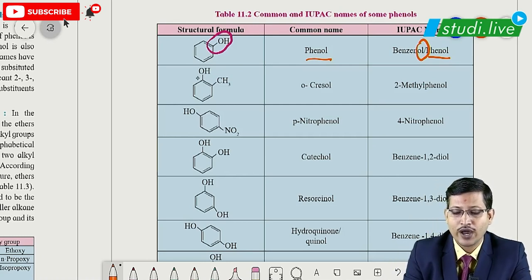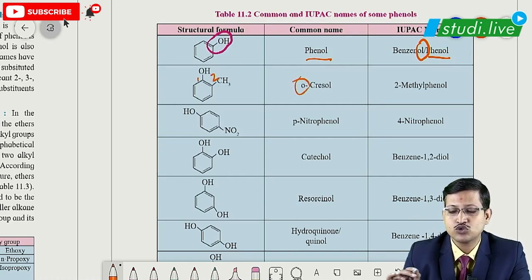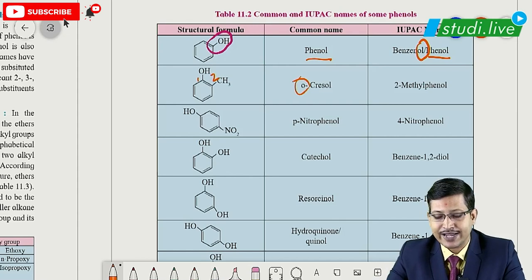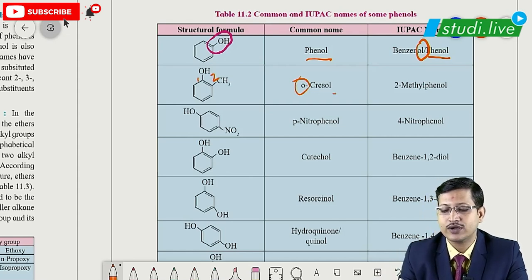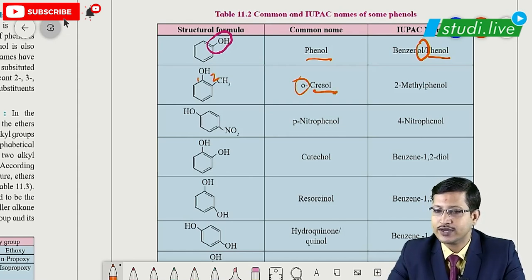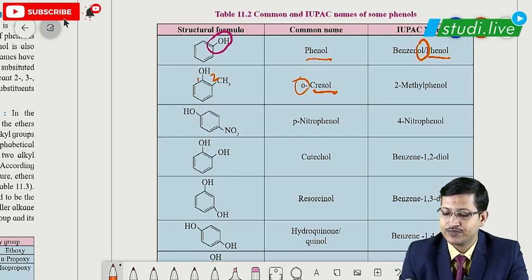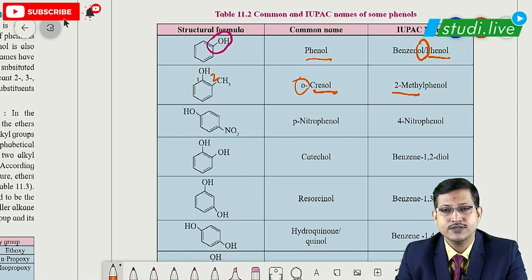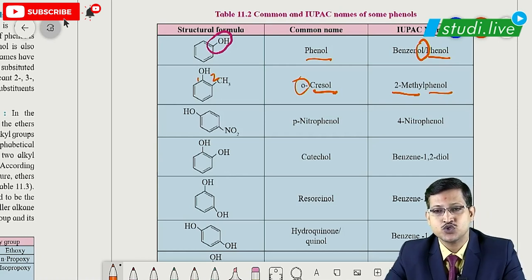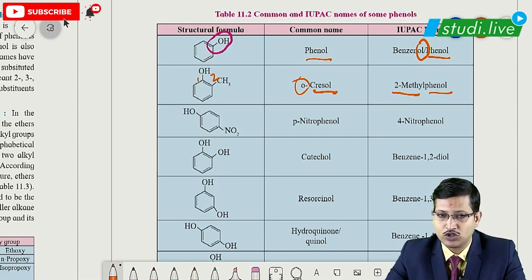Now this is 1 and 2 position. So that is called ortho position, and that is why the compound is orthocresol. Same way, first position and second position, so it is 2-methyl, and then benzene ring with OH is called phenol. So it becomes 2-methylphenol.